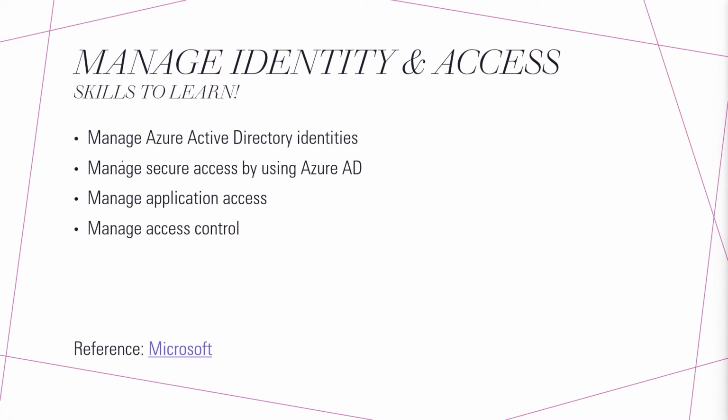Those parts are the skills to learn in manage Azure Active Directory identities, securing access using Azure AD, application access, and access control. I believe in this single video we will be tackling the first two if the time allows, or if it doesn't really stretch that much. I'll see that on editing.